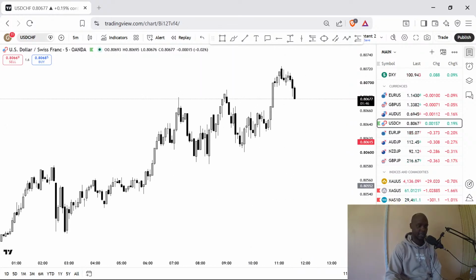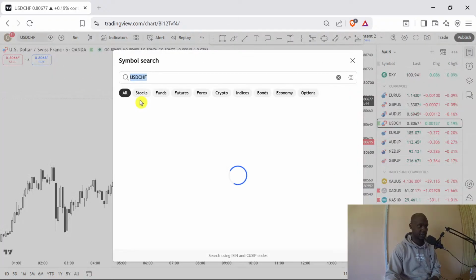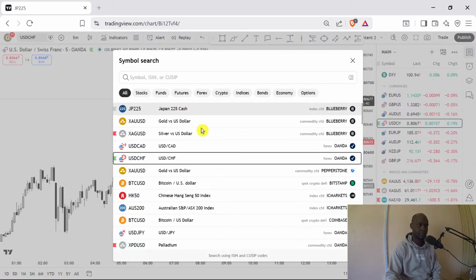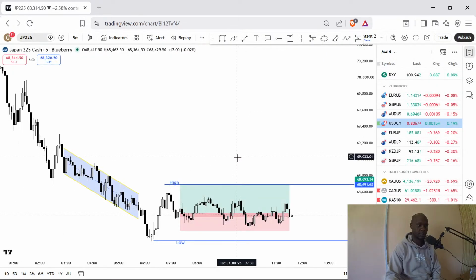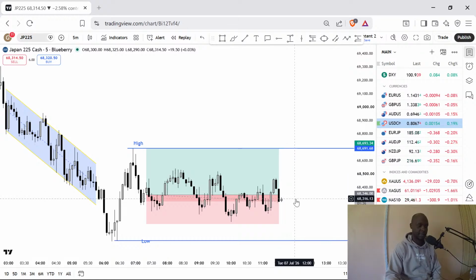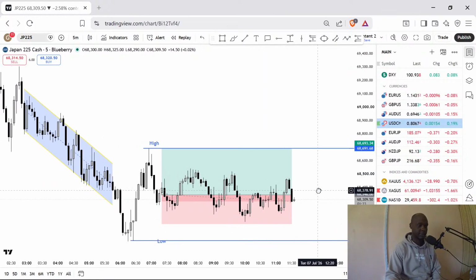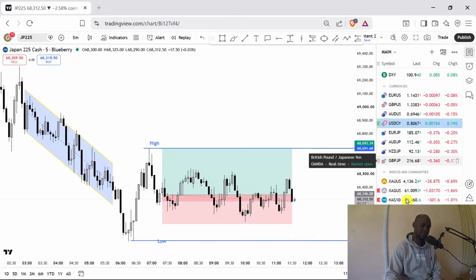Currently I have an open entry on the JP225, slightly in drawdown. For the New York session, I'll have a watch on USD CHF, silver, the NAS 100, and probably gold.